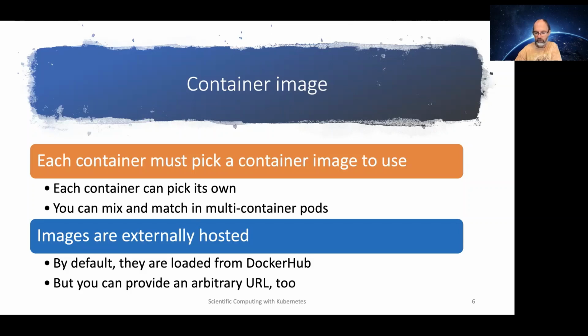Well, you have to fetch them from somewhere. It will not come from your, let's call it submit machine. It has to come from a repo that is external to your Kubernetes installation. By default, this is Docker Hub, but most setups can fetch it pretty much from any Docker compliant repo too.